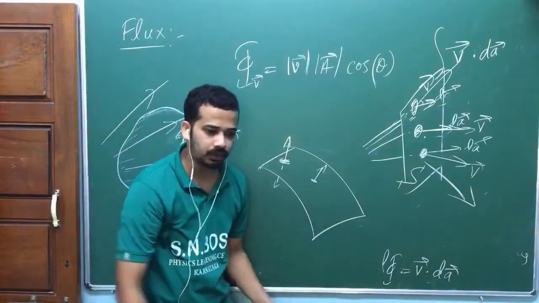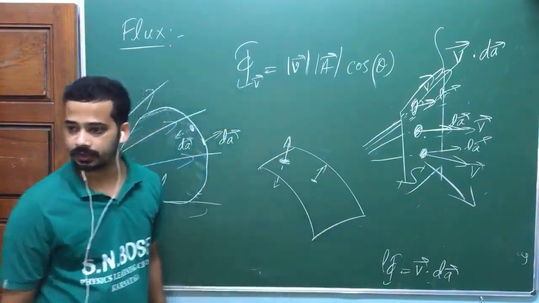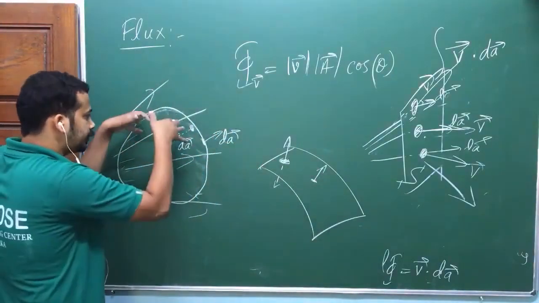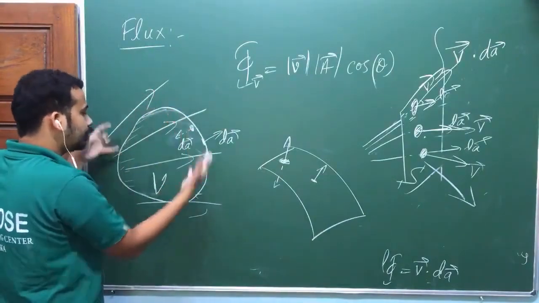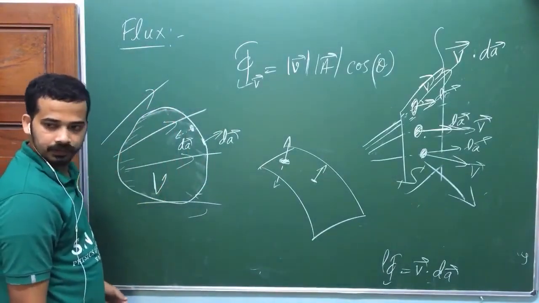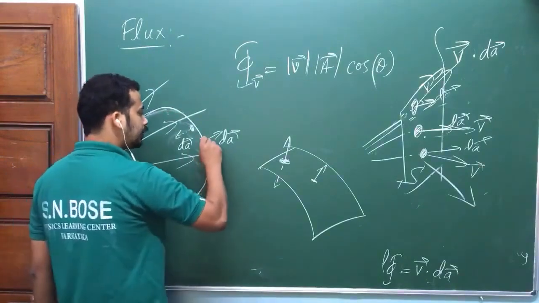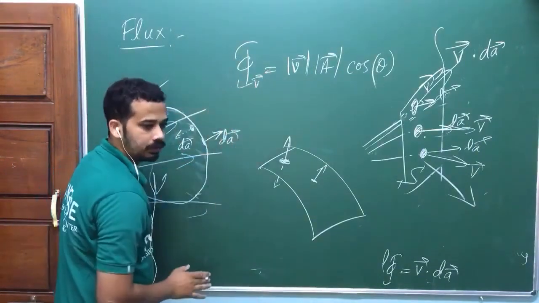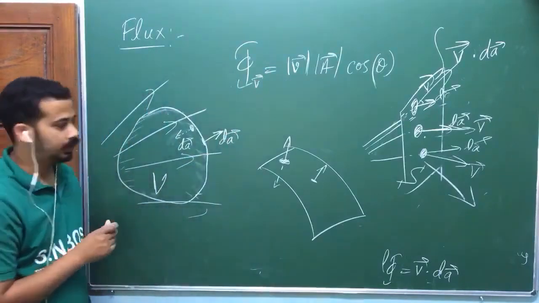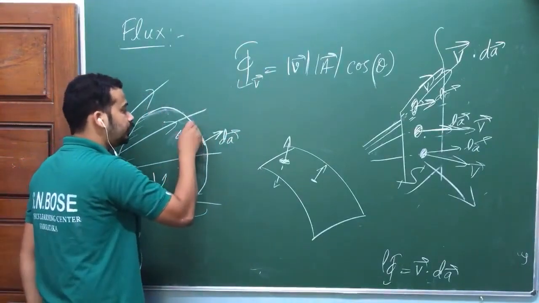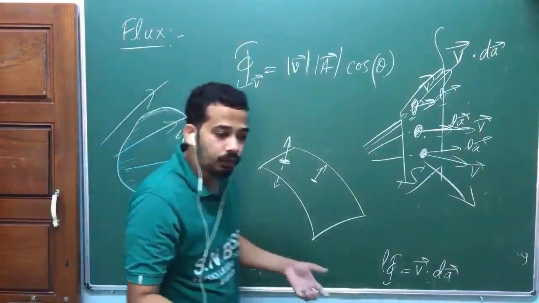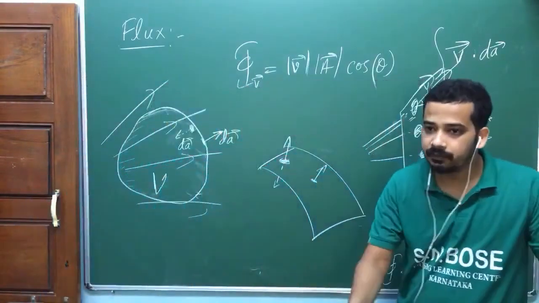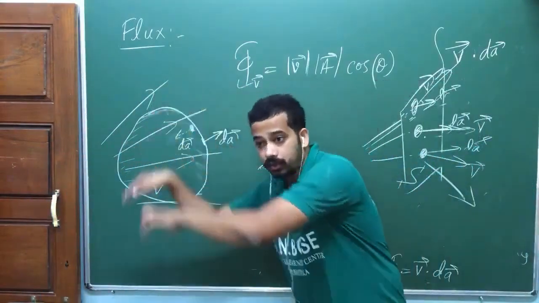An open surface area will not constitute any volume or any region, but a closed surface area will cover one volume. Then you can call this choice of area vector outward from the surface, and this area vector inward from the surface. This outward and inward are meaningful only when it is closed.